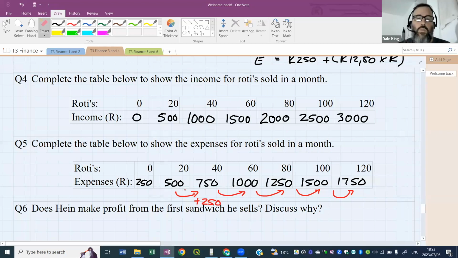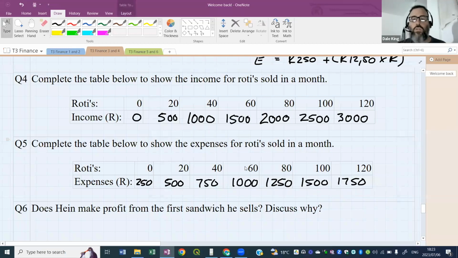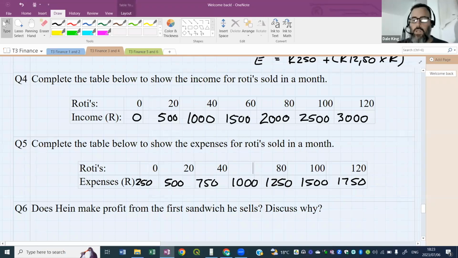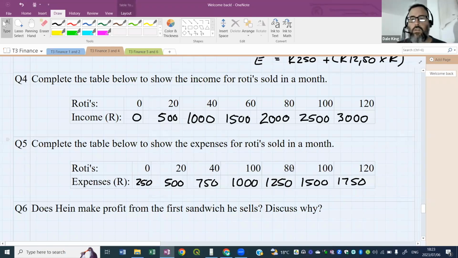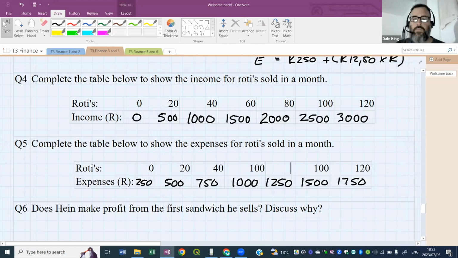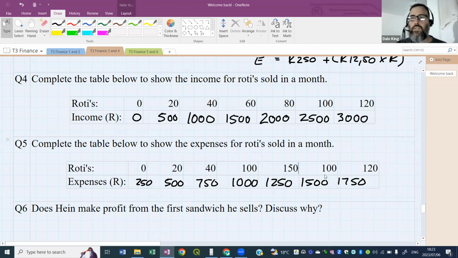You're right, it will. But I don't want to teach it to you that way because often in the exam, they will change these numbers. They'll do 0, 20, 40, 100, 150, etc. They'll change the numbers. And then what are you going to do? Then you need the equation.